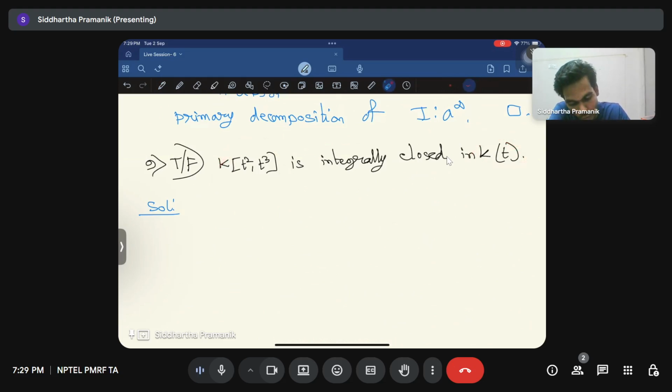But first we need to know what we mean by integrally closed.